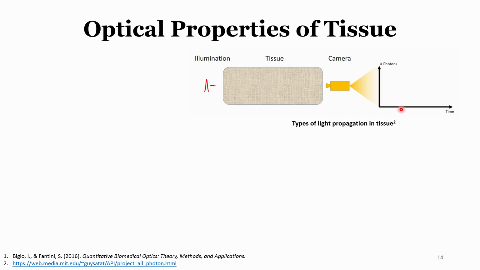Here you can see that the ballistic photons undergo minimum scattering and arrive first, then the snake photons arrive after the ballistic photons, and then the whole lot of other photons that you see over here are the diffused photons that arrive after the snake photons.